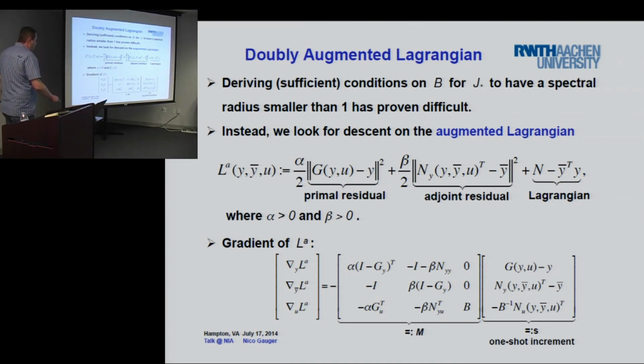It's a one-to-one correspondence to the zeros of the increment vector if and only if this matrix M here is non-singular. And furthermore, if this matrix N, because I have a minus sign here in front, is positive definite, I assure descent in each step. And that's exactly what we are doing.